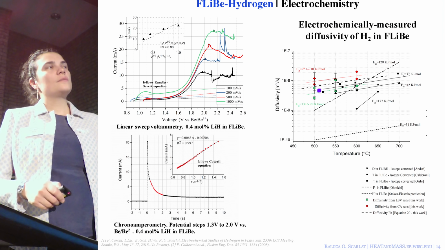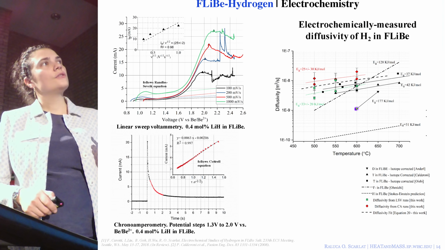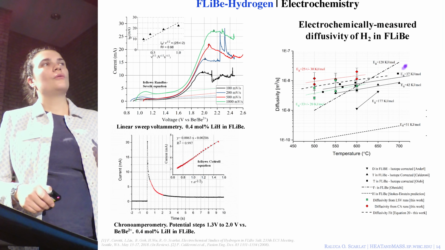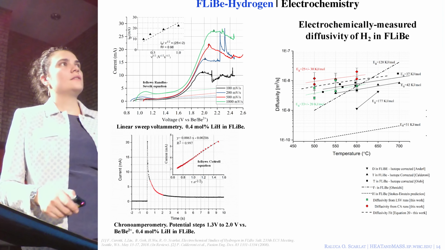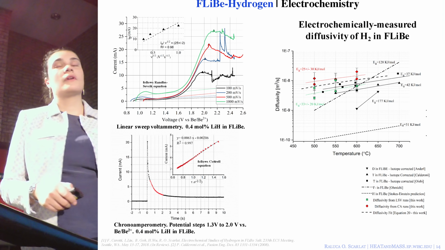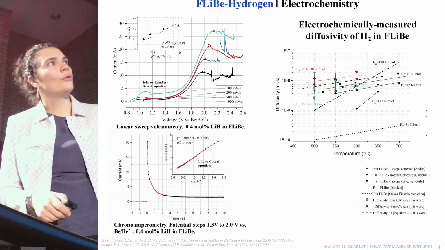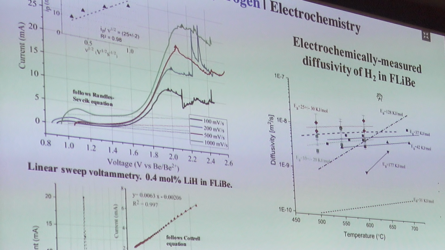And what is most remarkable is that each of these data points, you will note, have no error bars. Because, again, these permeation experiments are very hard to do. There have been a total of 4 data points collected over the course of decades. Whereas with electrochemical runs, they take about an hour.